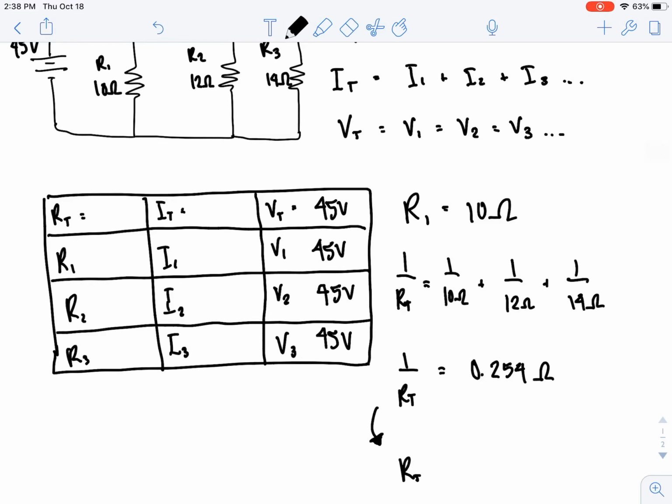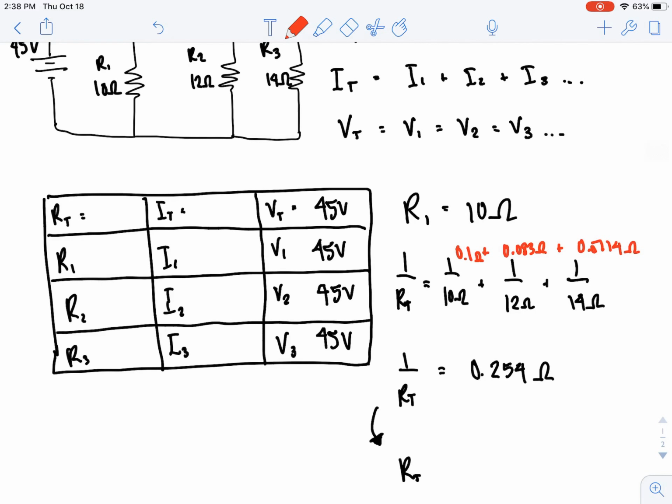Typically what I like to do for these problems, for those of you who are not fully familiar with the calculator, is always convert this to a decimal first. Like 1 over 10 is 0.1, plus 1 over 12 is equal to, sorry, let me go my units, ohms, 0.083 ohms, and you add that with 1 over 14, which is 0.0714 ohms. So always convert it to a decimal if you're not fully comfortable with adding fractions directly on the calculator.